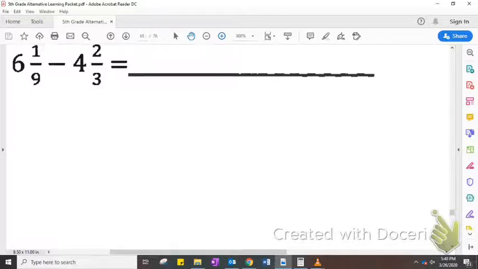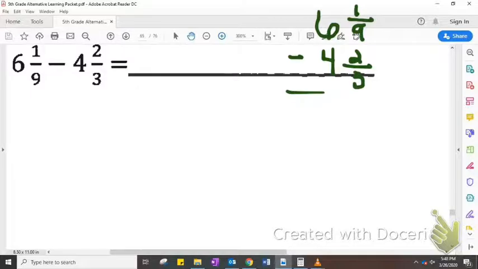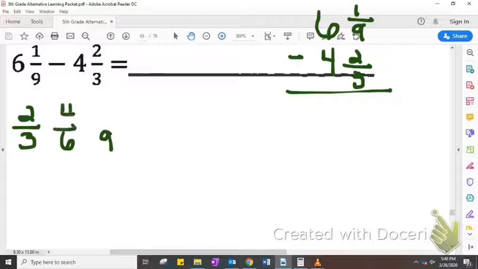We're going to be starting by lining them up and finding common denominators. Okay, so 2/3. My stylus has broken, so I'm sorry about my terrible handwriting. Okay, so I'm going to stop here because 6 1/9.